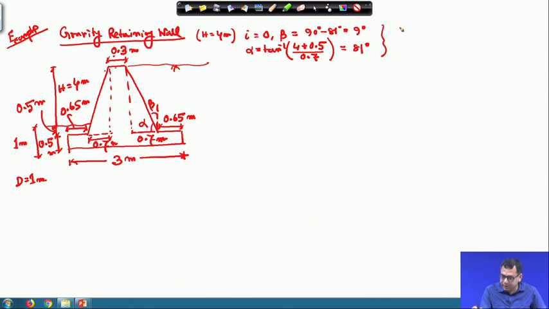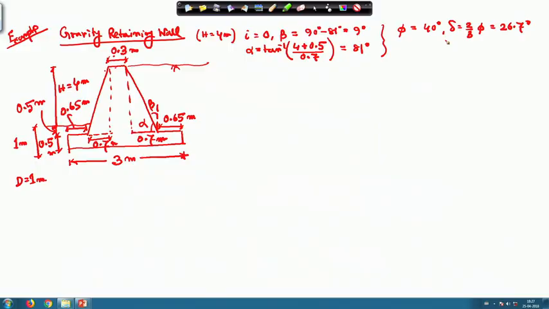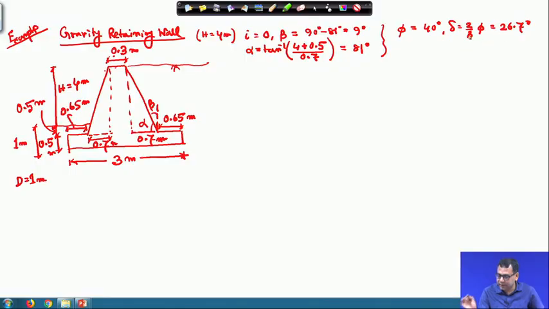So, properties are given, phi of the backfill is 40 degree. And delta is generally taken as 2/3 of phi. So, that is 26.7. If nothing is mentioned about delta you take 2/3 of phi, and here delta is given as 2/3 of phi. Unit weight of the soil is 18 kilonewton per meter cube.